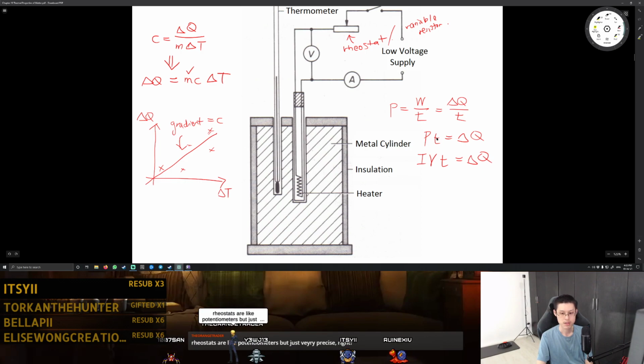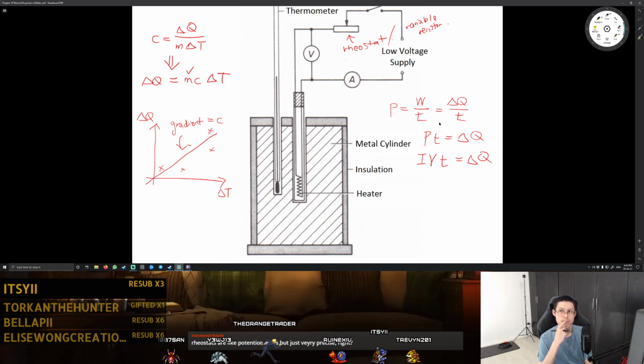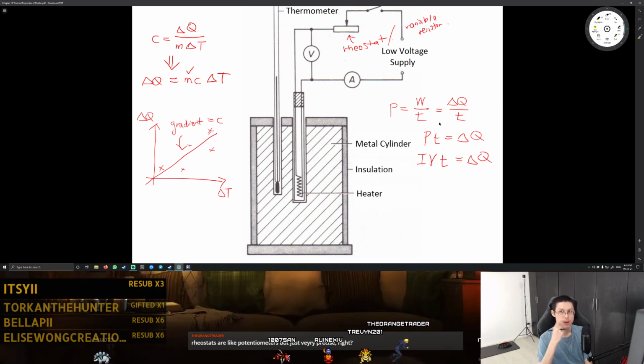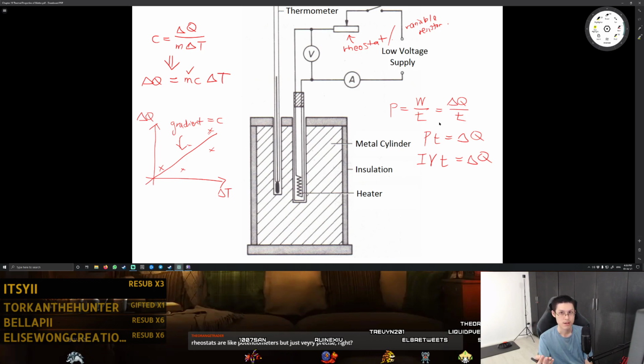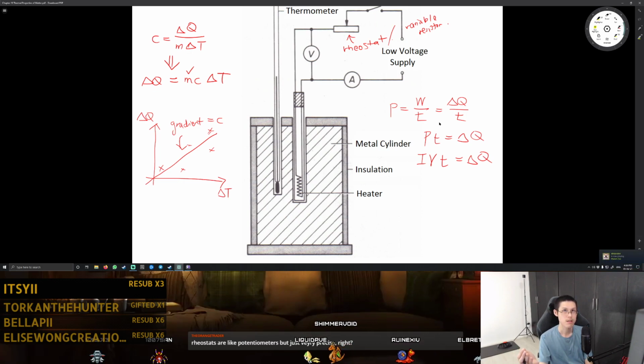Rheostats are like potentiometers, but very precise. It's similar to a potentiometer, but they are not the same because a potentiometer is used to find the EMF of the test cell. But a rheostat's purpose is to vary the resistance. So they are similar, but not quite the same.